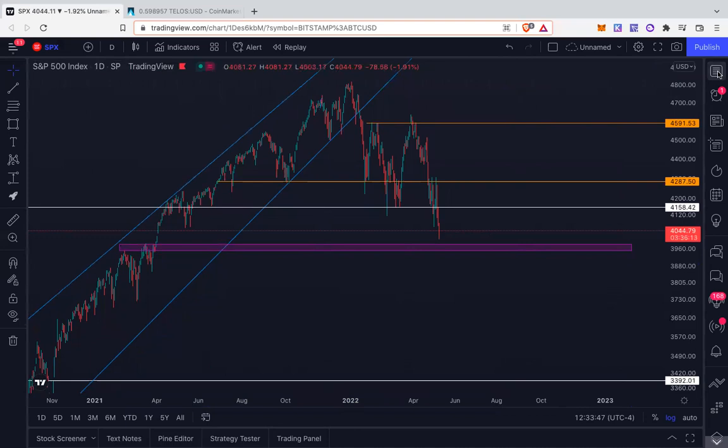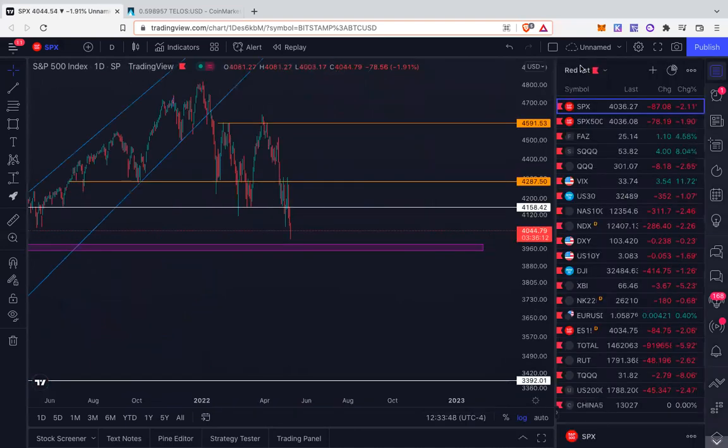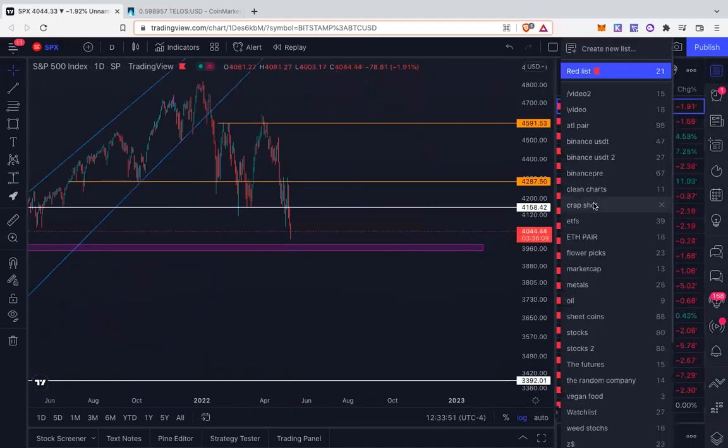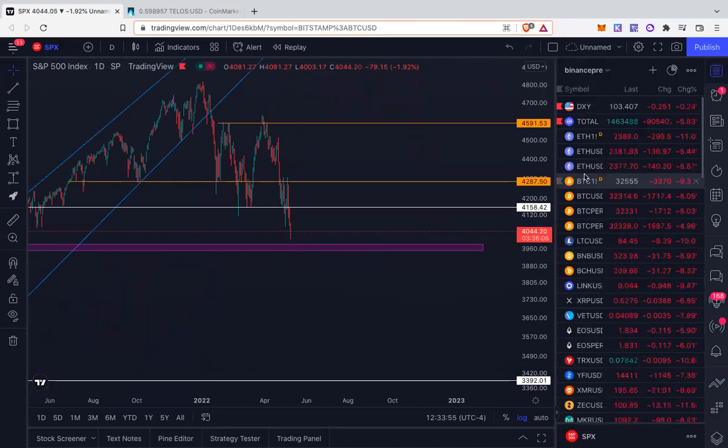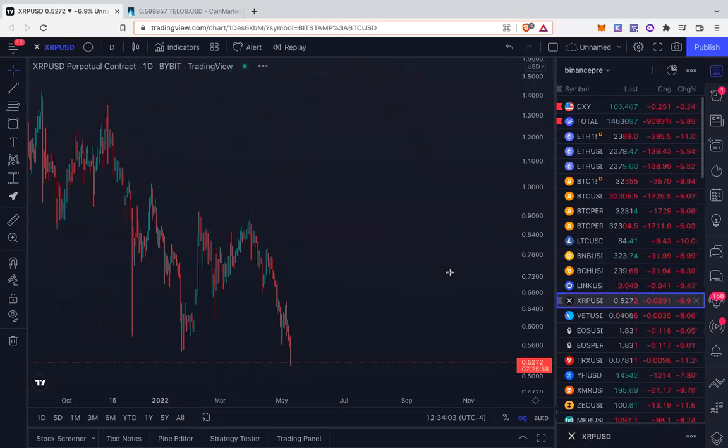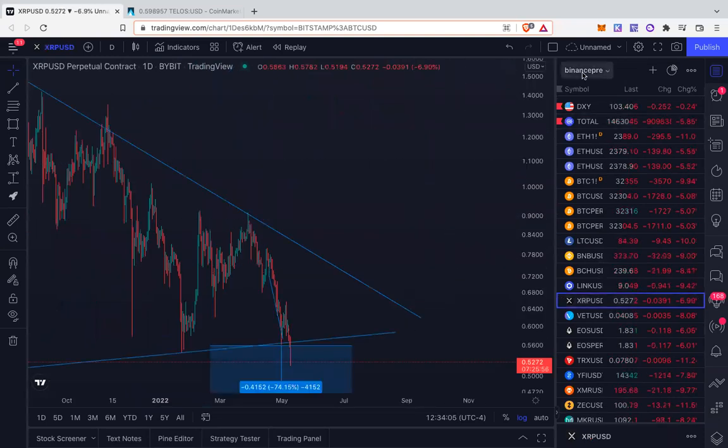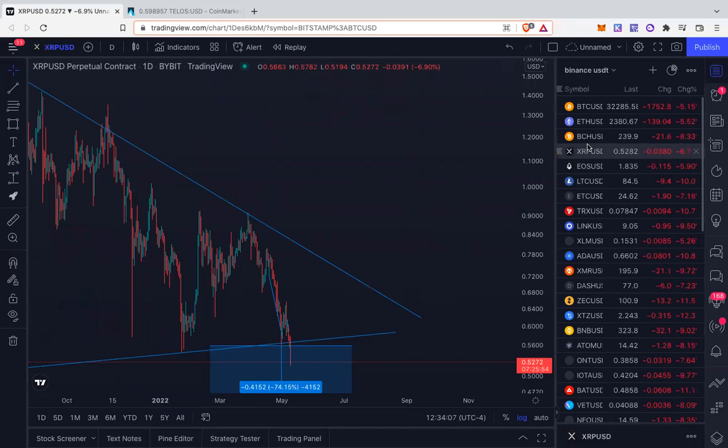But getting back to trying to stick on a crypto script, there were certain assets I was looking at that just looked like they were going to start really moving to the downside. And I'm actually going to go to this chart.